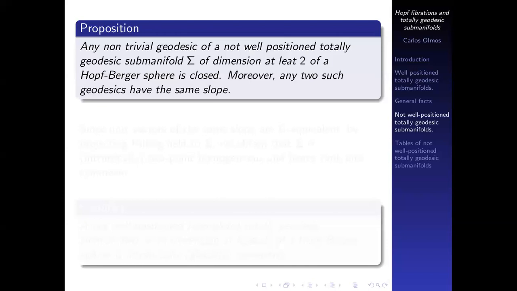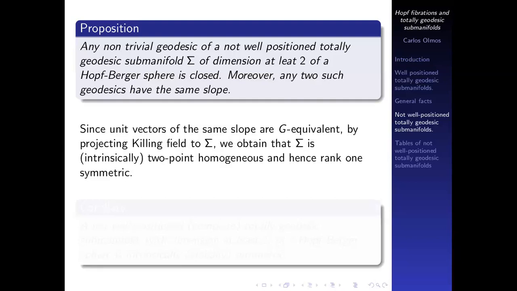Moreover, any two such geodesics have the same slope. This is very important: in a totally geodesic not well positioned submanifold, all the geodesics are closed with the same slope.